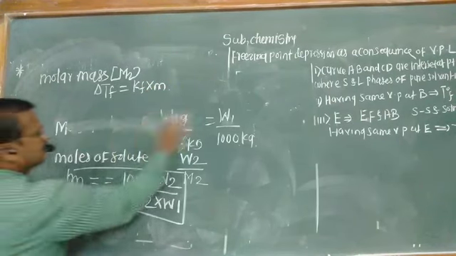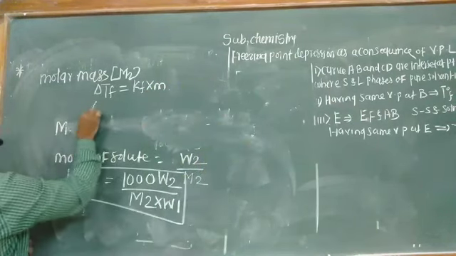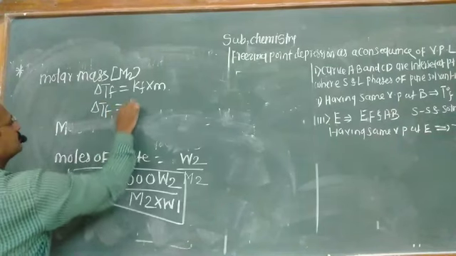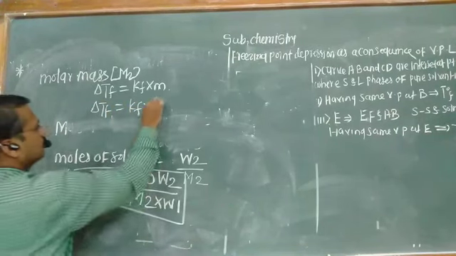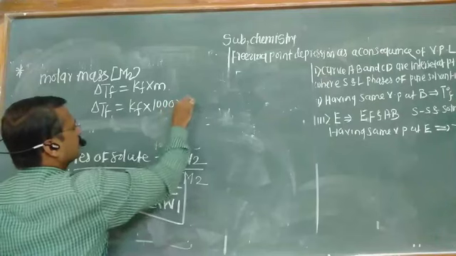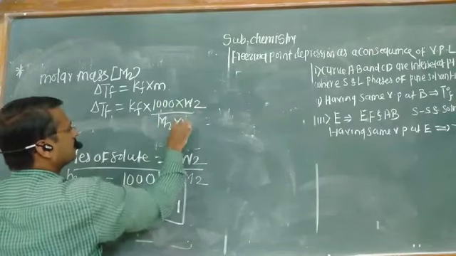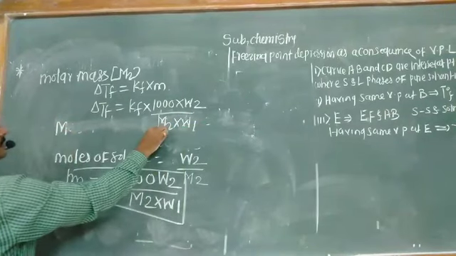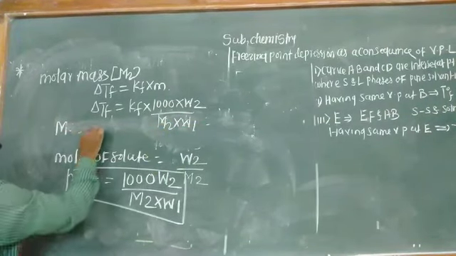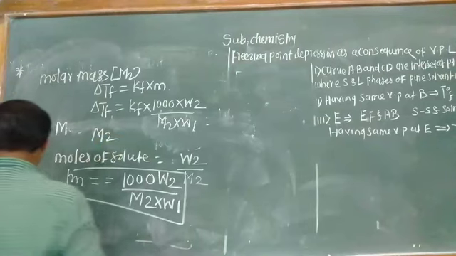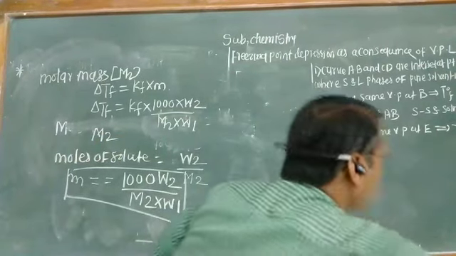Okay, putting the value of m here. So what we have written is that delta TF is equal to Kf into 1000 into W2 divided by M2 into W1, and we have to determine the value of molar mass. त्याच्यावरून आम्ही M2 ची किंमत लिहितोय बघा.